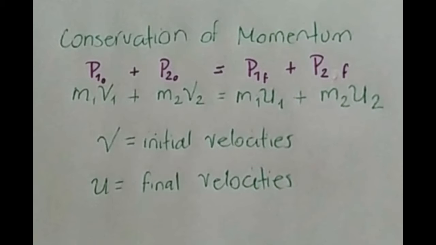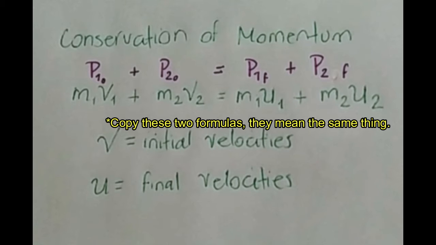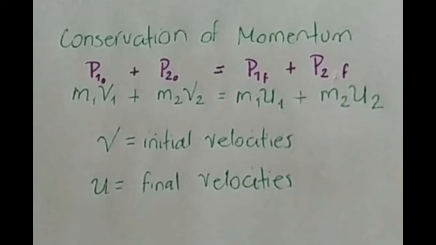So as you can see, in purple we have the initial momentum of object 1 plus the initial momentum of object 2 equals the final momentum of object 1 plus the final momentum of object 2.